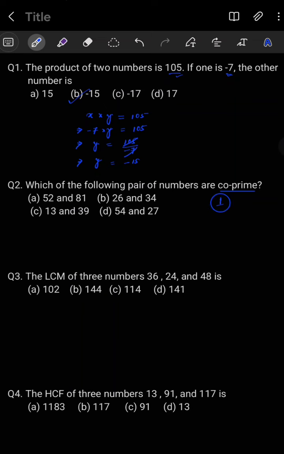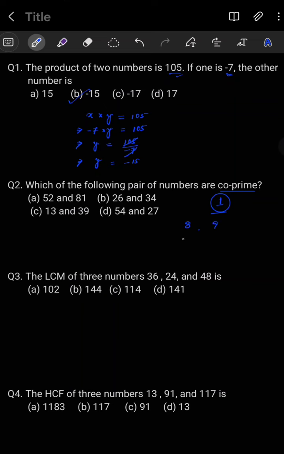Okay, then if you have two numbers and you get only one as the common factor of the two numbers, then those two numbers are known as co-prime numbers. For an example, I will take two numbers. One number is 8 and the second number I will take 9.